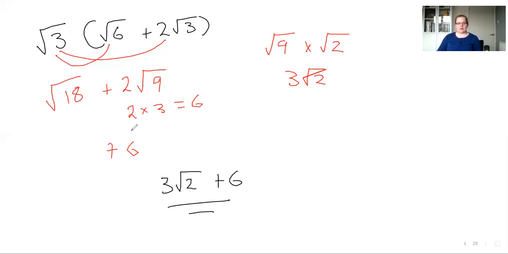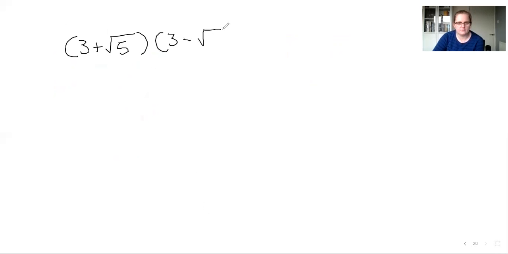Just going to have a little look now at expanding double brackets. So we'll jump straight in. Same process as expanding single brackets. So we've got 3 plus root 5, 3 minus root 5.